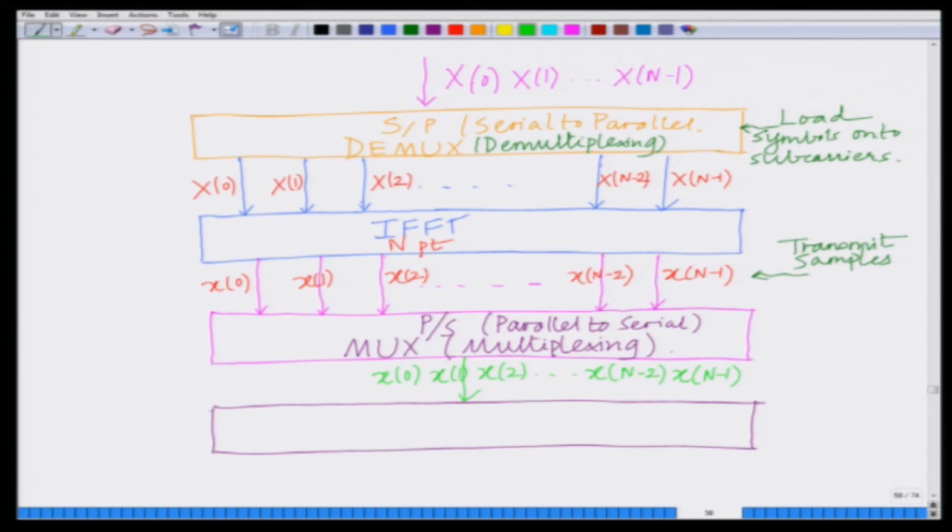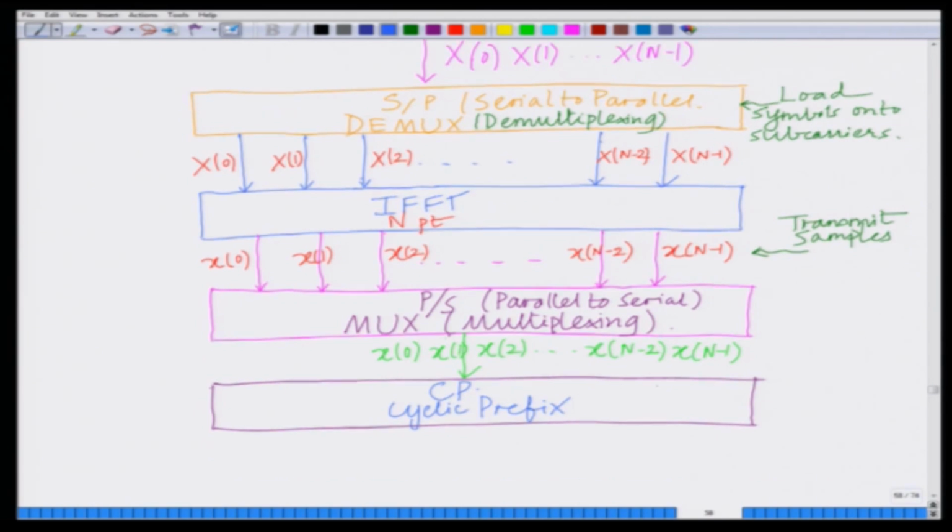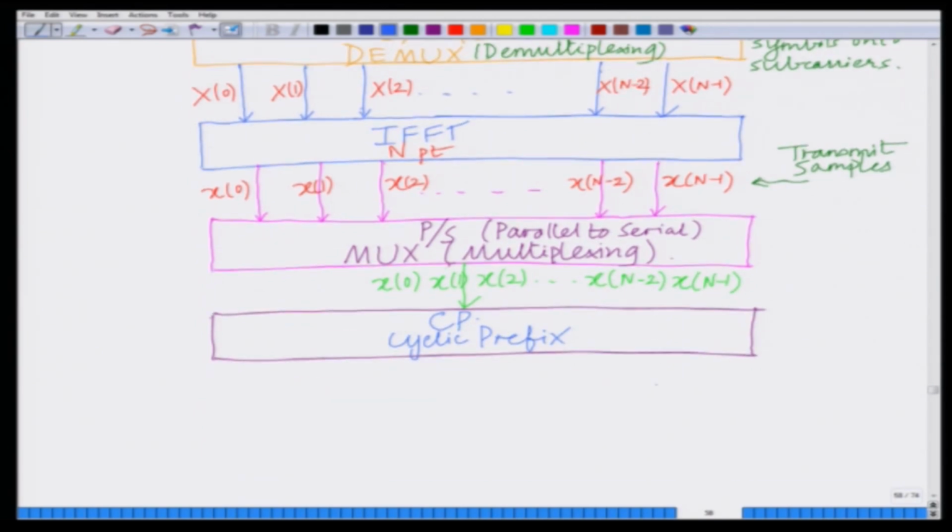This operation is known as multiplexing, and now I am going to add the cyclic prefix, that is CP. Once I add the cyclic prefix, what I am going to have is x of n minus L bar up to x of n minus 1.